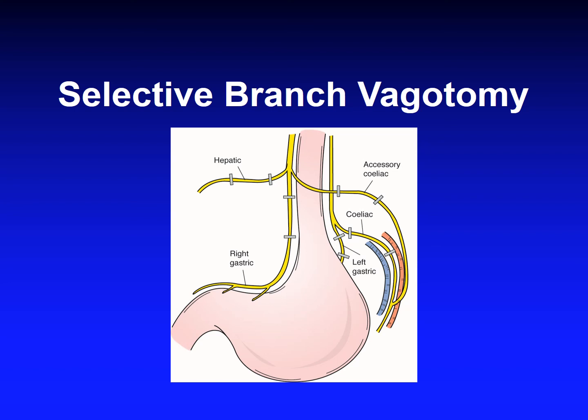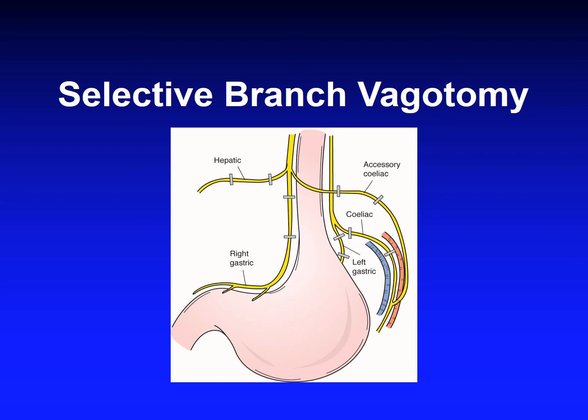The vagus nerve has different branches: hepatic, accessory celiac, celiac, left gastric, right gastric. Now, each of these branches go to certain areas in the stomach.